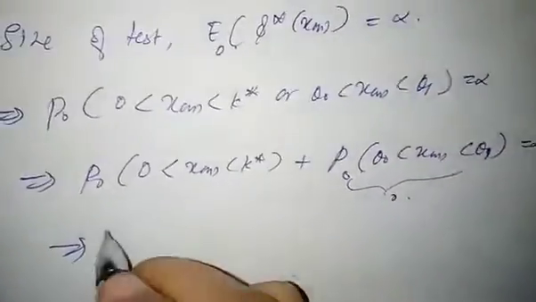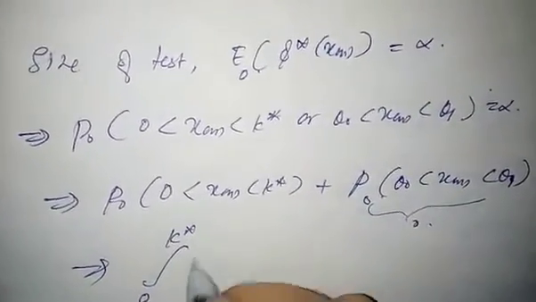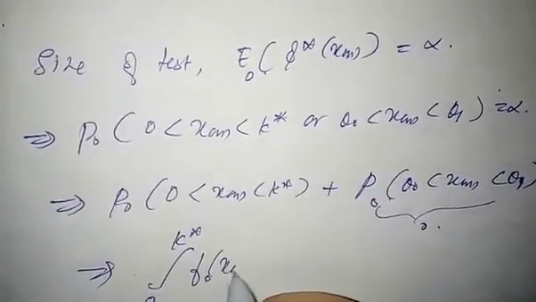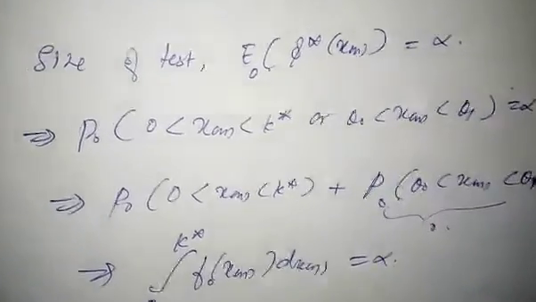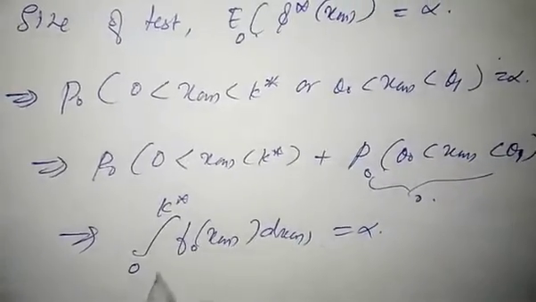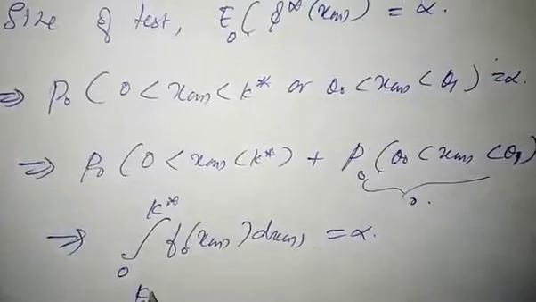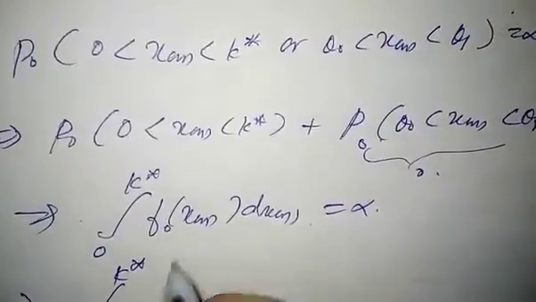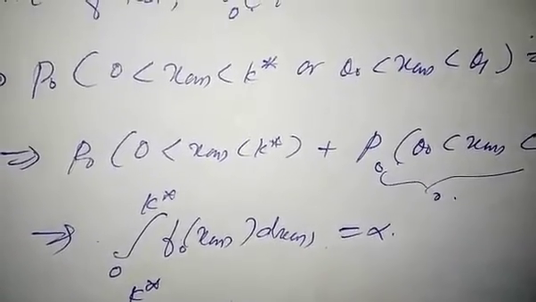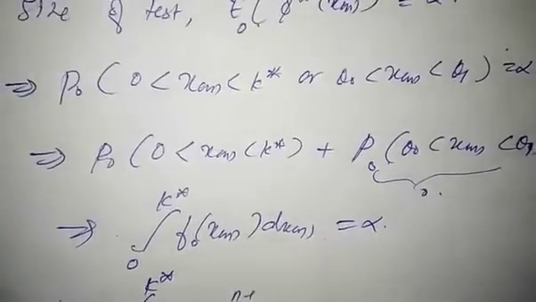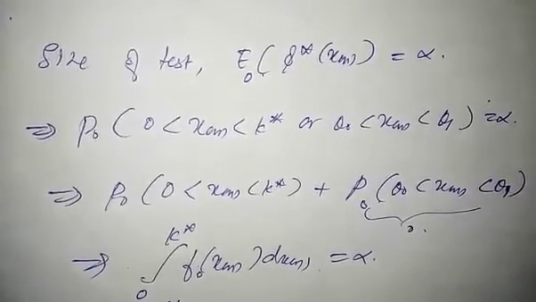And here the first term is the integral over 0 to k star of f naught of xn dxn equal to alpha. Then we substitute the density of the nth order statistic, that is n into xn power n minus 1 over theta naught power n, dxn, equal to alpha.